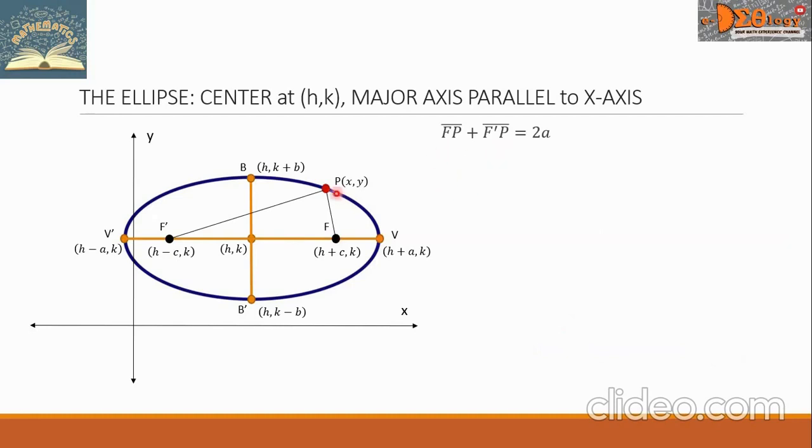First, FP is the square root of (x minus (h plus c)) squared plus (y minus k) squared, plus the distance F prime P, which is the square root of (x minus (h minus c)) squared plus (y minus k) squared, and these are all equal to 2a.